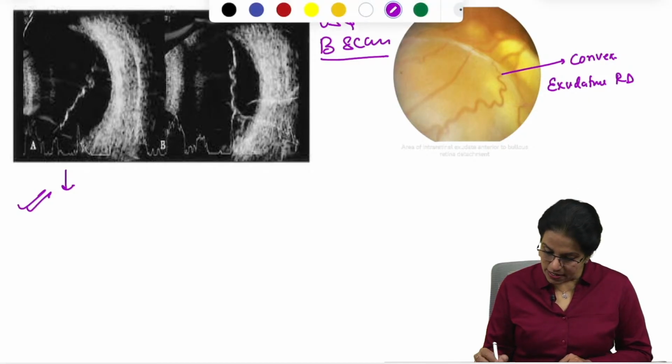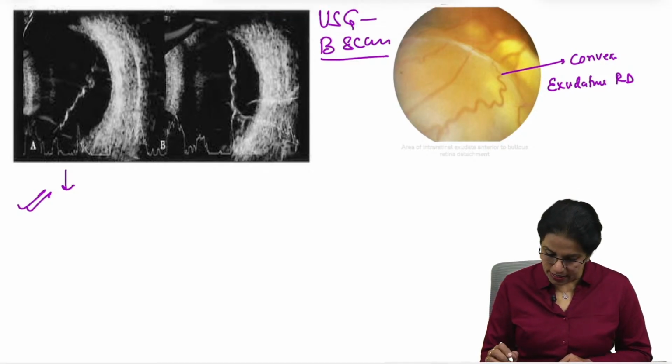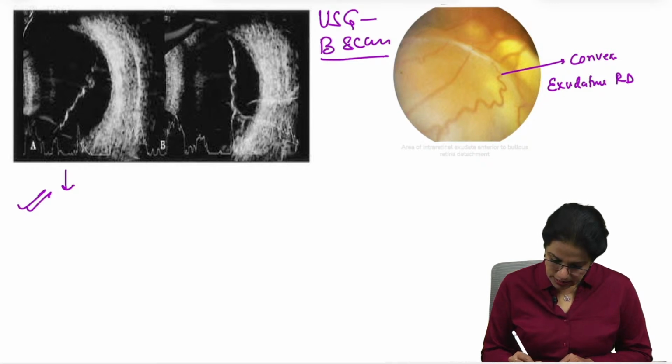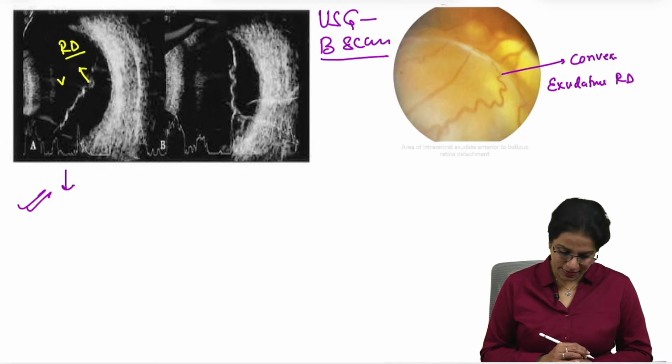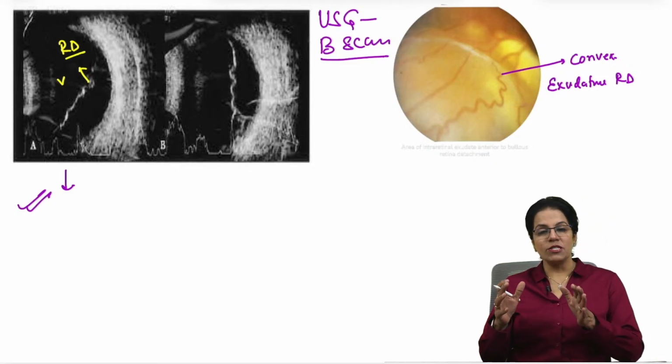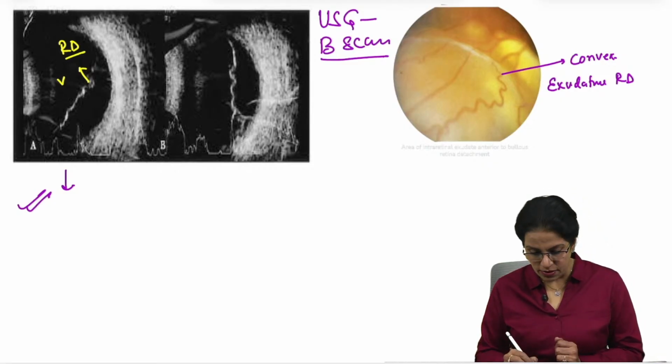If this is the ultrasound B scan, let us read it together. Of course, this is the lens and this is the vitreous part, and this is the retina which is detached, showing you the retinal detachment, isn't it? Very good. At one position of the head when you do ultrasound, this is the position of your retina.